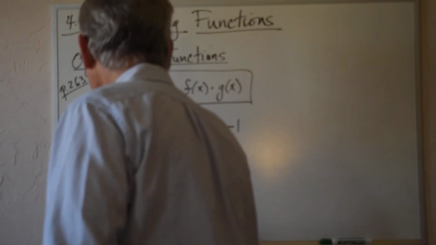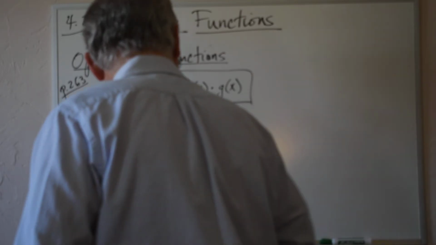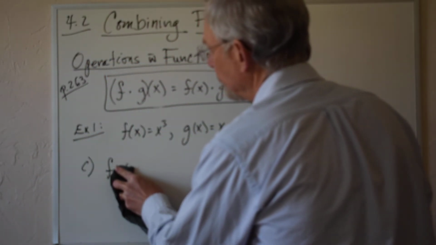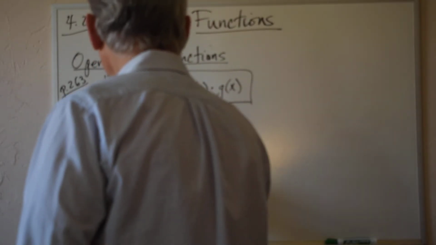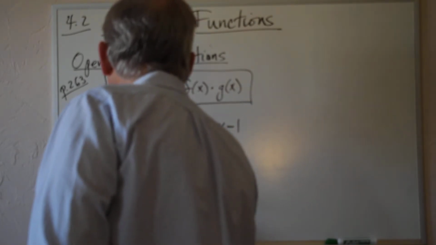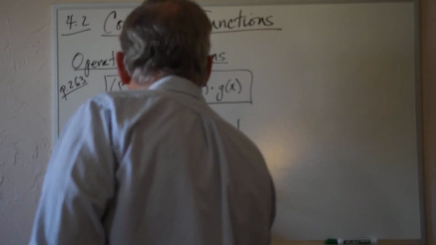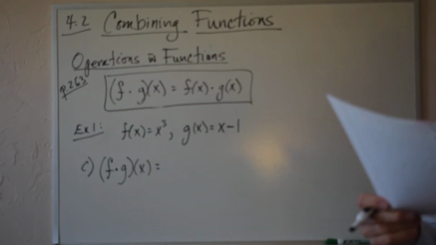So if we go to part C of our example, oops, got ahead of myself there. We're asked to compute (f times g)(x). It is defined to be f of x times g of x.